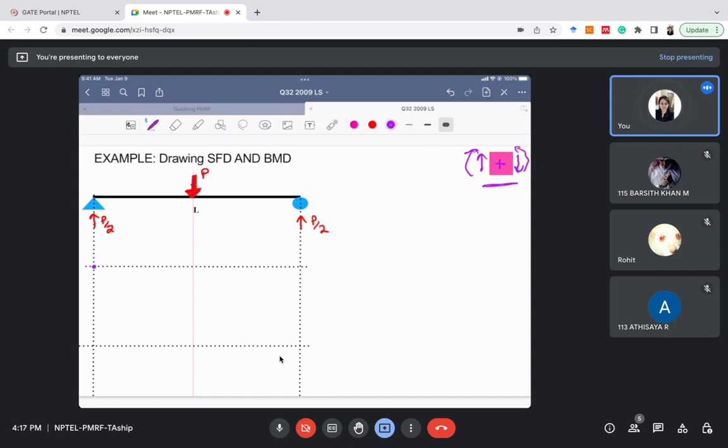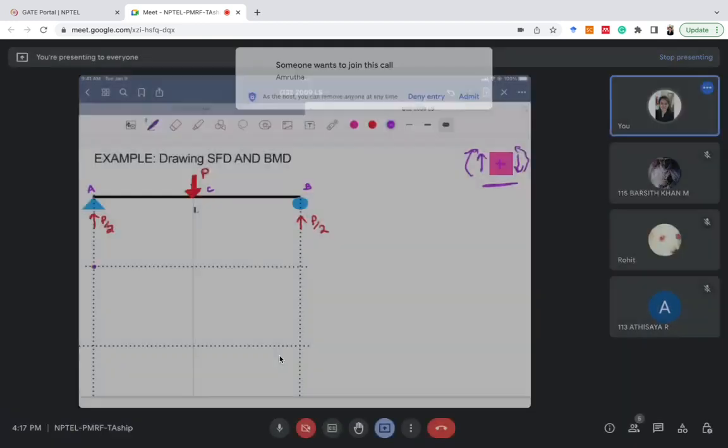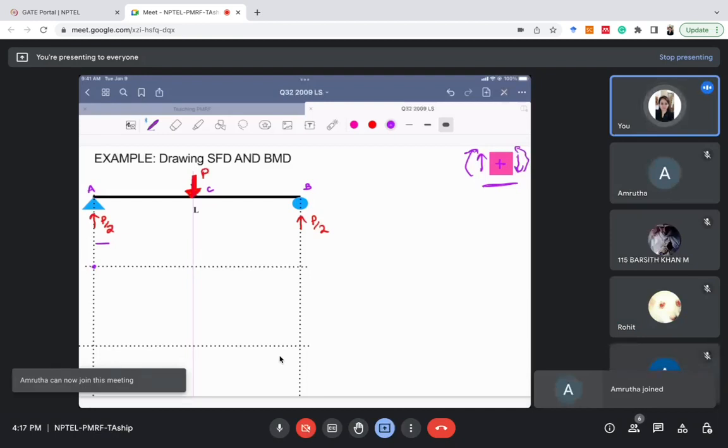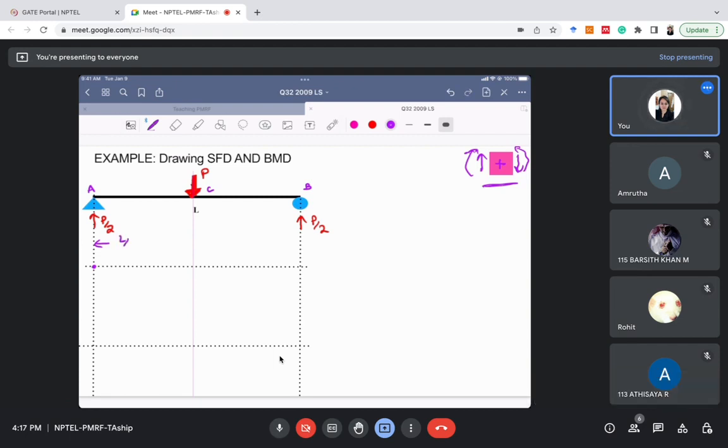Let us call it point A, this point B, and this C. Total length is L, so this will be L by 2 and this will also be L by 2. The reaction will be P by 2 and P by 2. For now I'll just remove it so that I can draw the SFD.